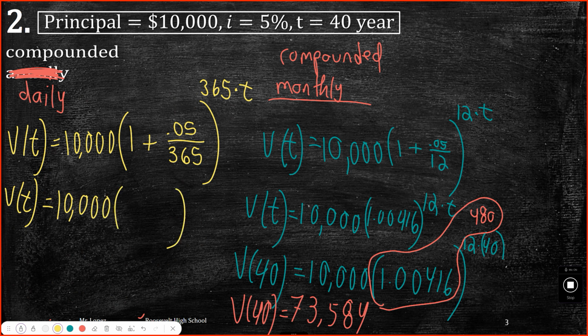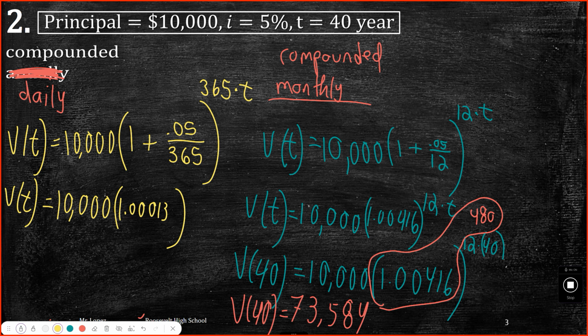Let's get a number for this again. What's 0.05 divided by 365? Added to 1. So it's going to give you this number, 1.001369.